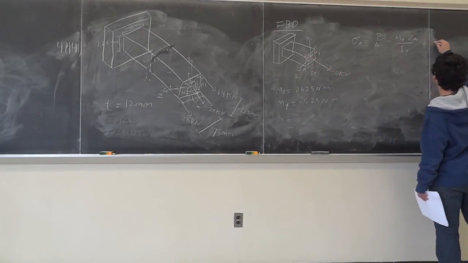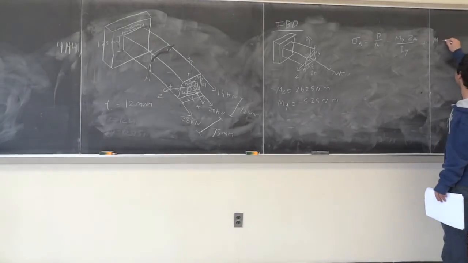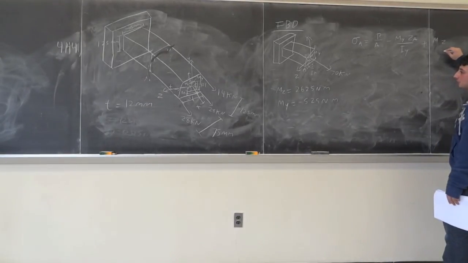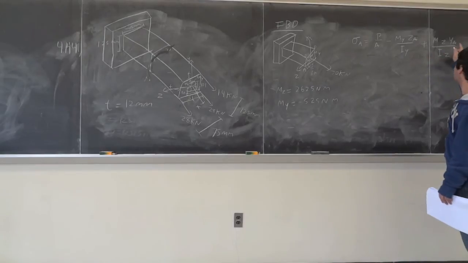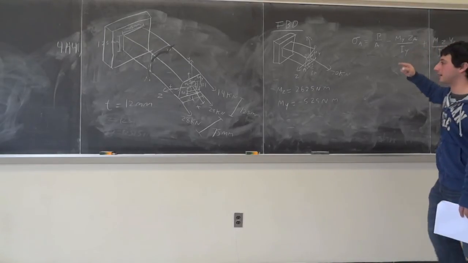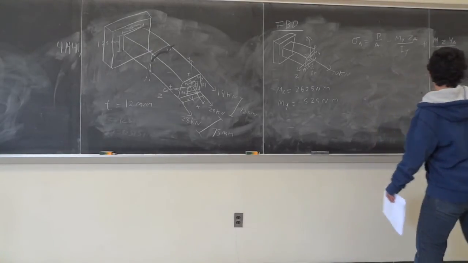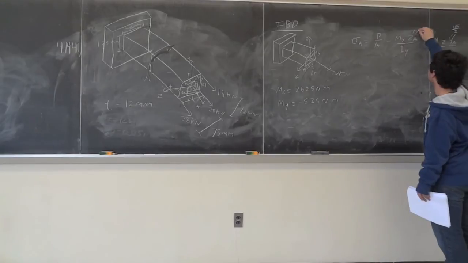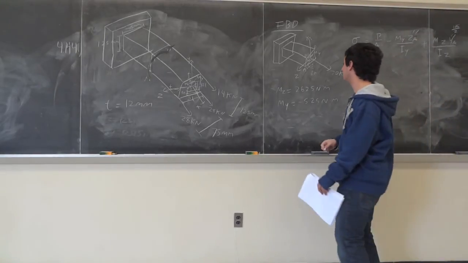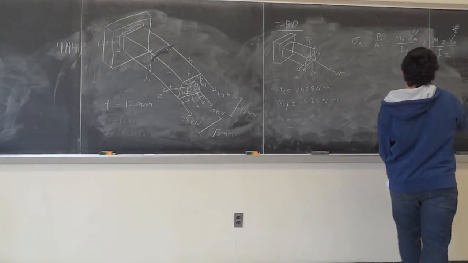So it's plus Mz, the distance in this case is YA, over Iz. Okay? We know this, YA is half of 125. So it's 125 over 2, and ZA is equal to 75 over 2.